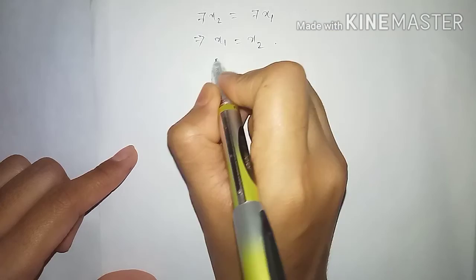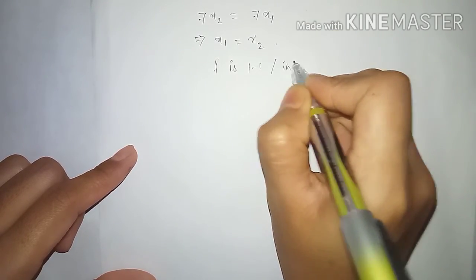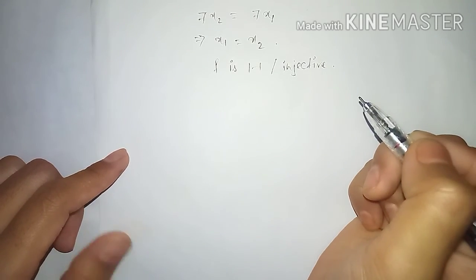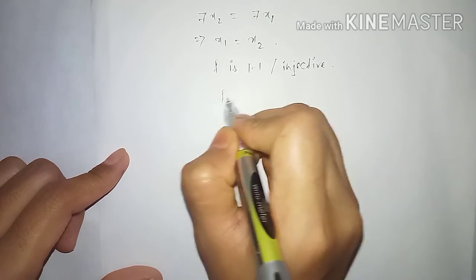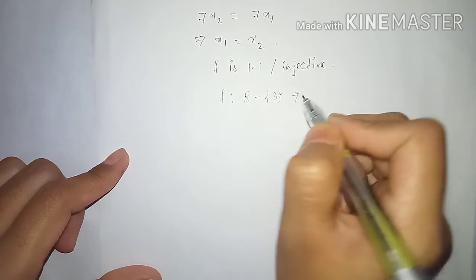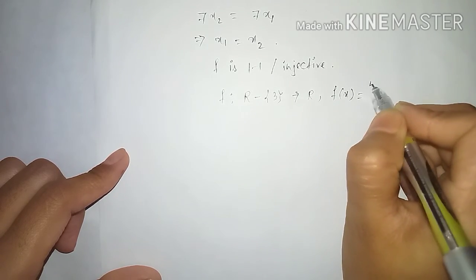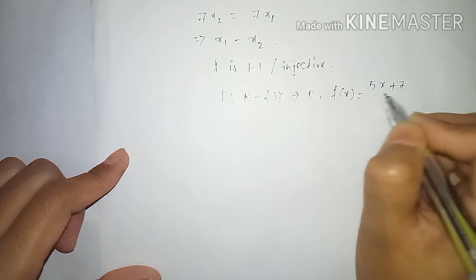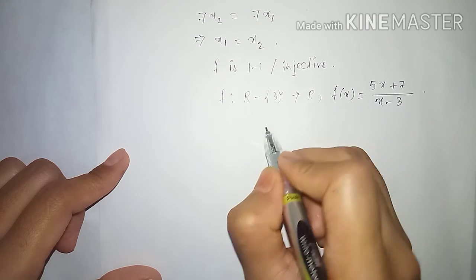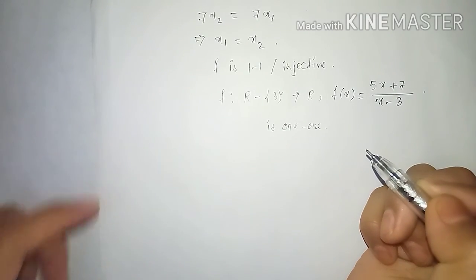So this function f is one-one or injective. So the function f from R minus 3 to R defined by f of x equal 5x plus 7 divided by x minus 3 is one-one. So this is done.